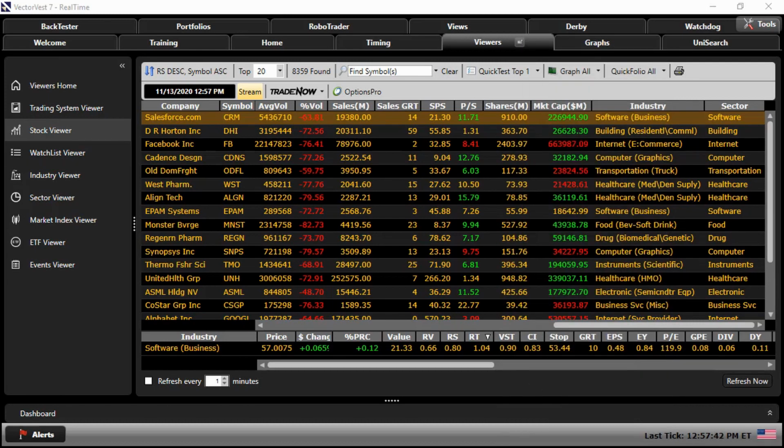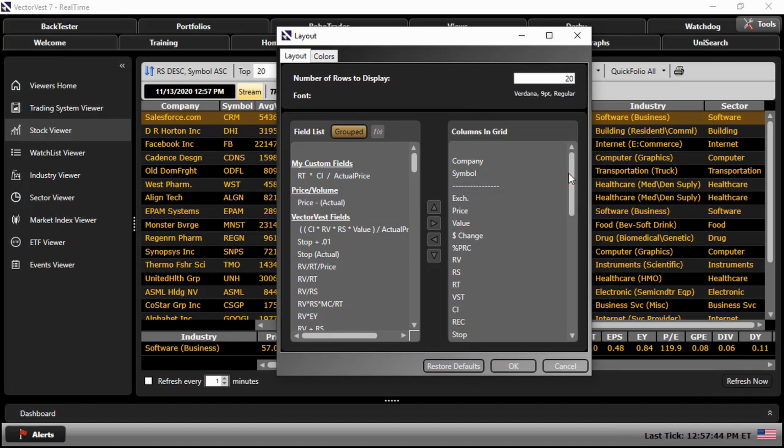From the layout functionality, normally CI again is at the end. I can click on it, use the up arrow to move it exactly to where I want it to go. Notice that sector is moving up. But if I want to put it back, I use the down arrow to push it back down. So those are two ways to move any of your columns to fit what you want to see as far as a view. I'm going to click on cancel.